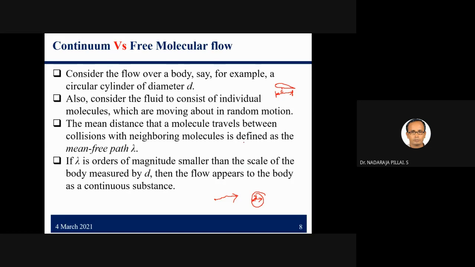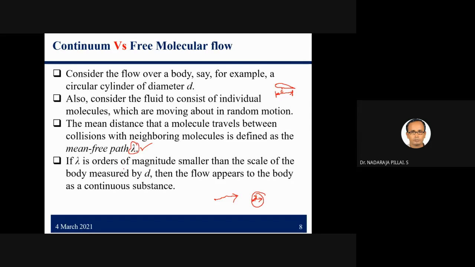So, the mean distance that a molecule travels between collisions with the neighboring molecules is defined as the mean free path, right? You might have studied this mean free path somewhere at the start of fluid mechanics or in your 12th standard physics probably, right? So we normally call that mean free path lambda, right? So now we discuss this lambda.